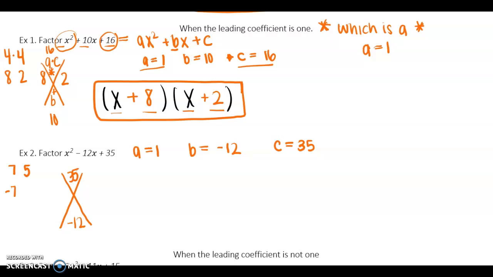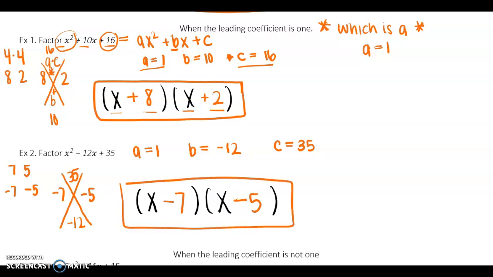Oh, but negative 7 and negative 5 add up to negative 12, and they also multiply out to positive 35. So that works. We're going to use the template again: x, and in there we fill in those numbers. So minus 7, minus 5, and that would be our answer.